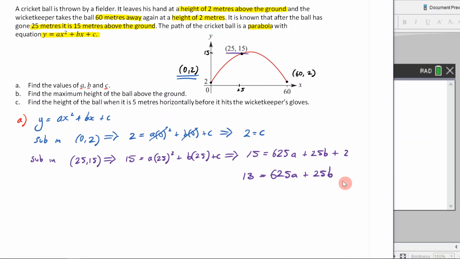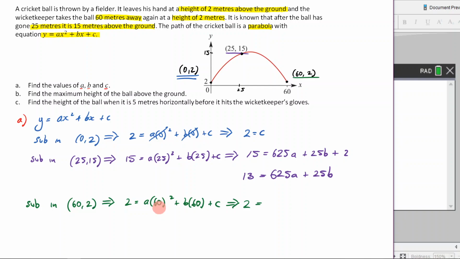Perfect. And now let's go to the next one here, which is when the wicket keeper catches it. So I'm going to sub in 60 and 2. So I'm going to put 2 in this spot, A 60 squared plus B 60 plus C, and again, this is going to be 2.